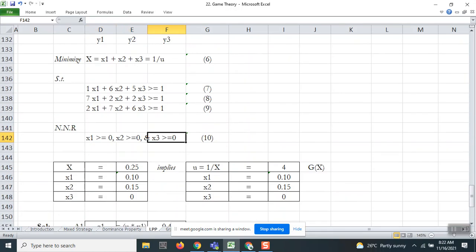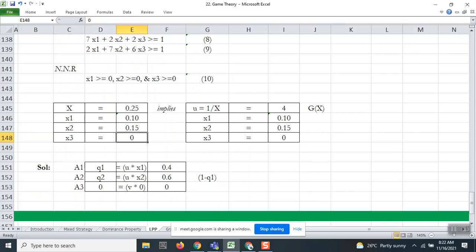When you solve your dual, the value is the same because it is the value of the game, 0.25. So u equals 1 by x, which is 1 by 0.25, that is 4, and x1 equals 0.10, x2 equals 0.15, and x3 equals 0. Next we can find p1 and p2.